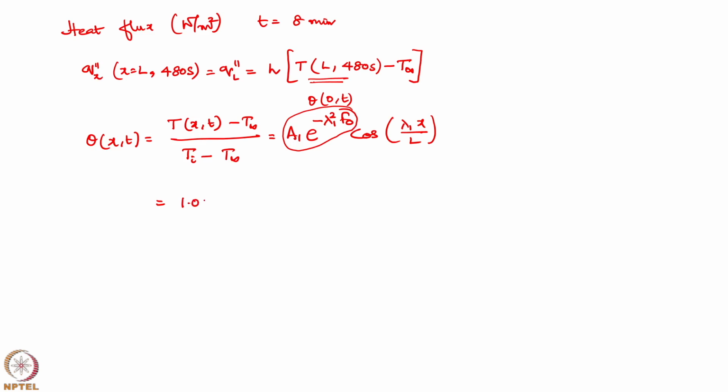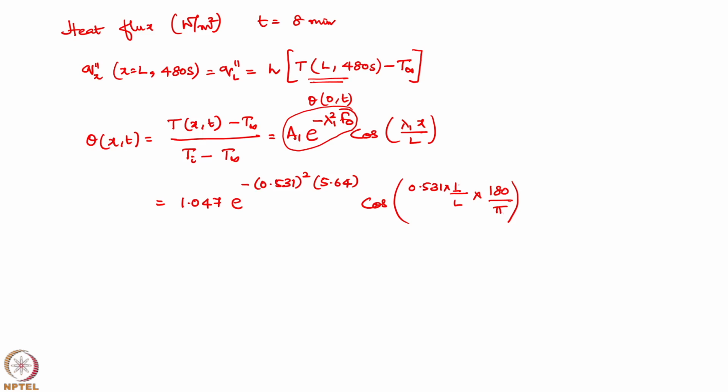That is 1.047 e to the power of minus 0.531 whole squared into Fourier number of 5.64 into cos of lambda 1, 0.531, into x, that is L by L, that becomes 1. Now cos, this is in radians, so I have to convert this into degrees to operate your calculator. So I am multiplying that and dividing it by 180 by pi.